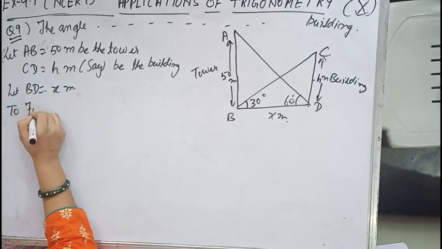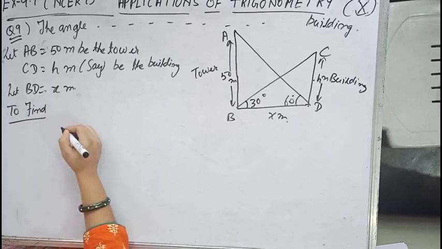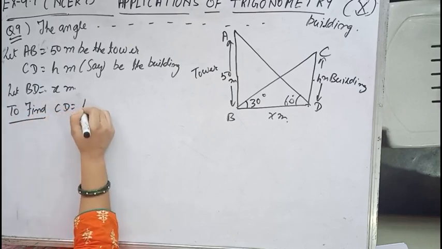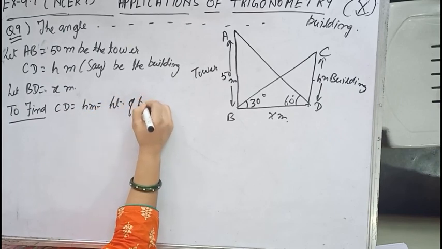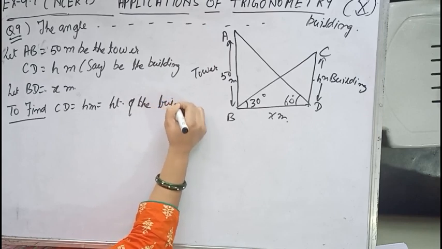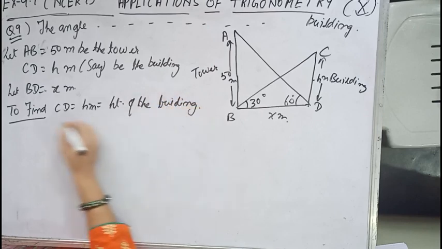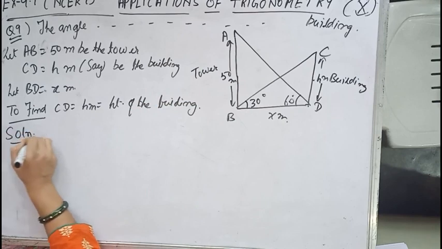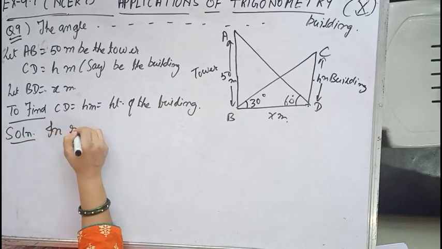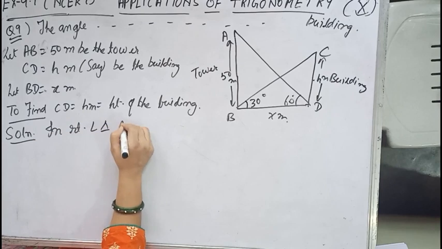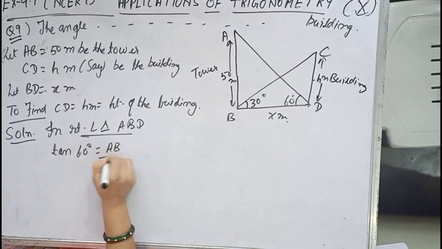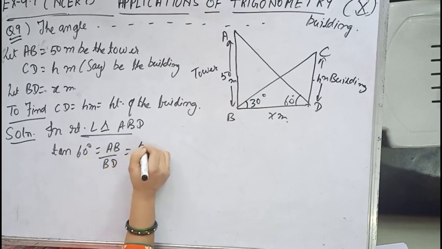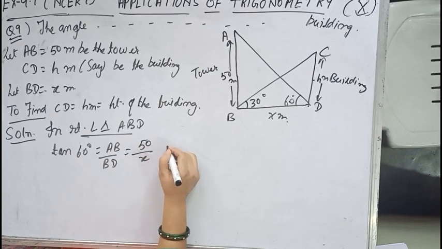To find, what we have to find? CD equals to h meter equals to height of the building. So solution: in right angle triangle ABD, tan 60 degree equals to perpendicular by base equals to 50 by x.